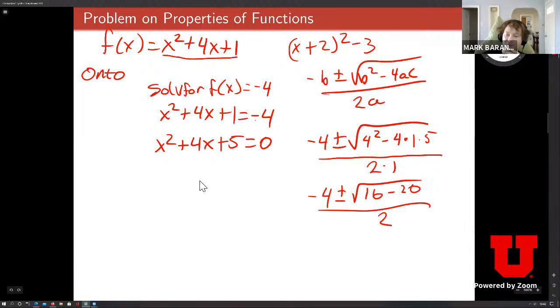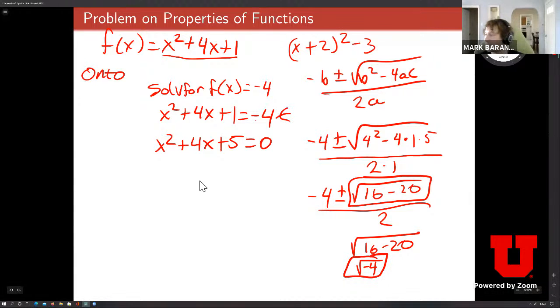And if you remember from middle school, this is a bad sign here because we need to take the square root of 16 minus 20, which is the square root of minus 4, and this is not a real number. So this is telling us that we can't get minus 4. Is everyone good with that?